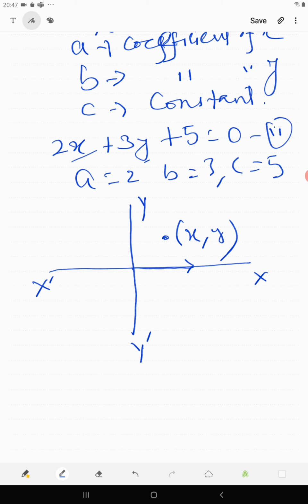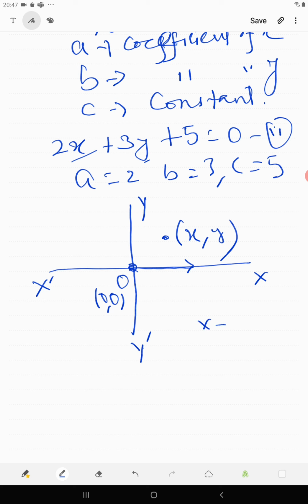So what is the point x y then? You know that this is the origin O. The coordinate for the origin is 0 comma 0, that is, the value for the x coordinate is 0 and the value for the y coordinate is also 0.